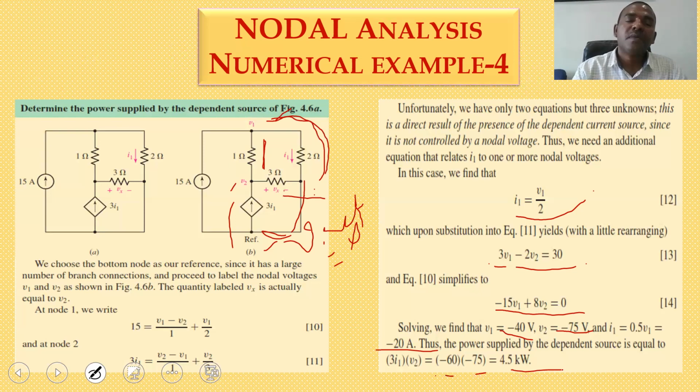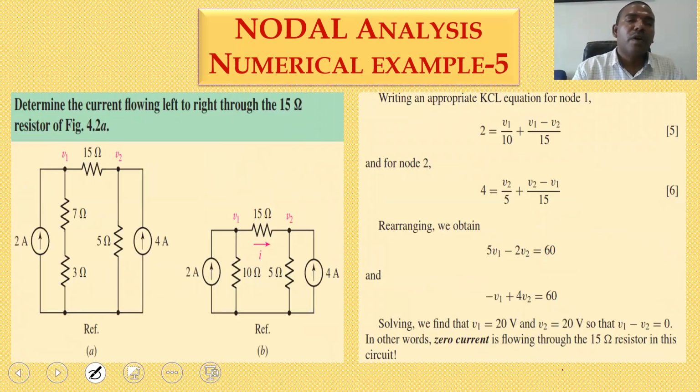Next example. In another example, you are going for the current flowing through the 15 ohm resistor. The 15 ohm resistor is connected between the nodes V1 and V2. So we are going for Kirchhoff's current law. At the first node, 2 amperes is entering.